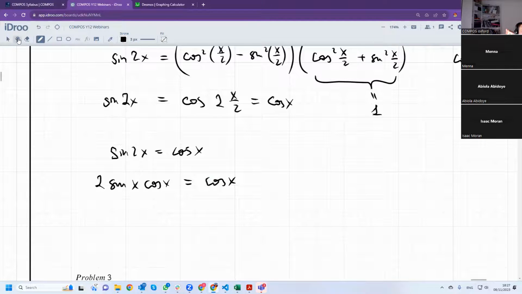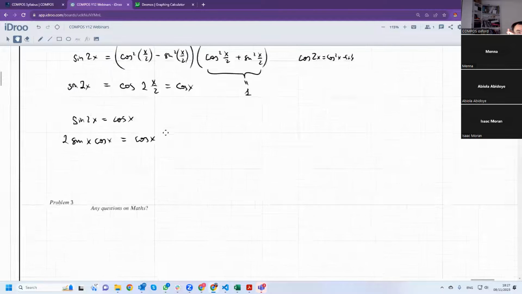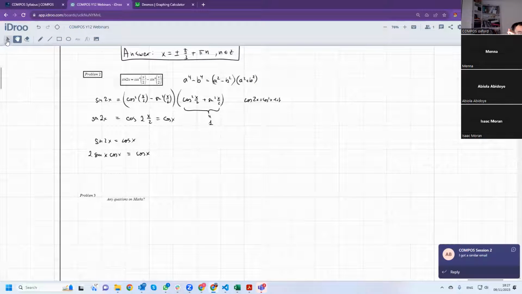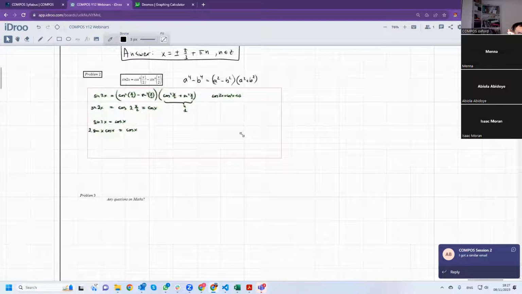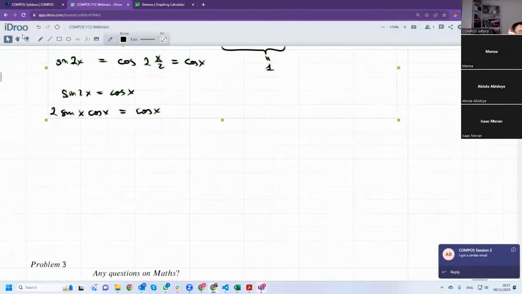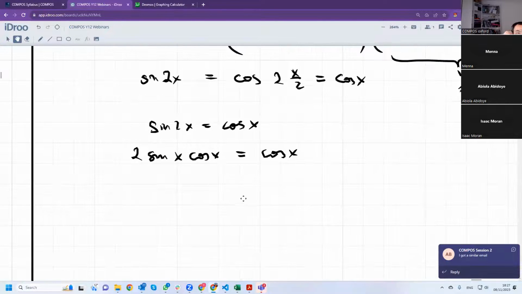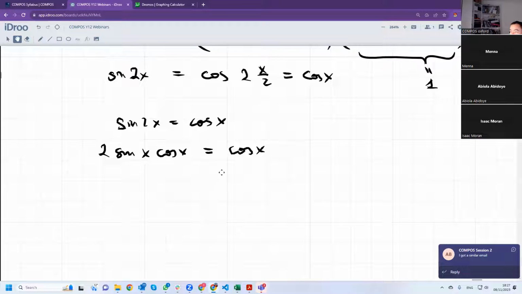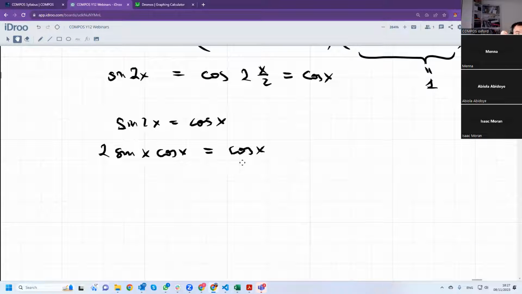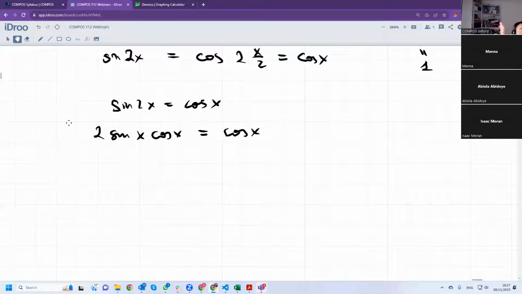Now, a student who is new to this might think you just cancel the cos x. Why can't you just cancel the cos x? Because it might be 0. Yes. You can't divide by something that might be 0. You want to divide by cos x, but before you do that, you have to make sure that it is not 0.